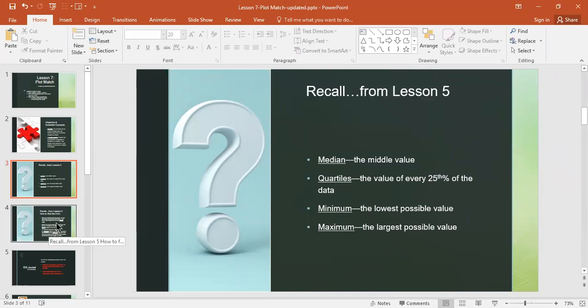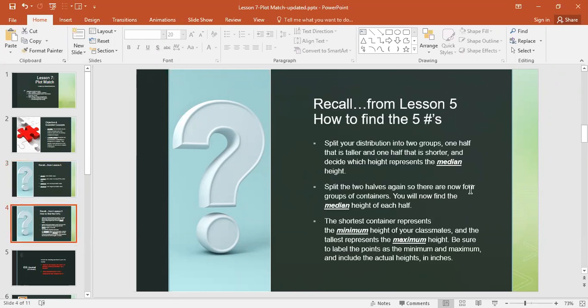So, how then do we find these values, right? How do we actually find the values that go into our box plot? Okay, so again, recall from lesson 5, right? We have our minimum and our maximum, so we want to make sure that our data is listed from lowest to highest, right?